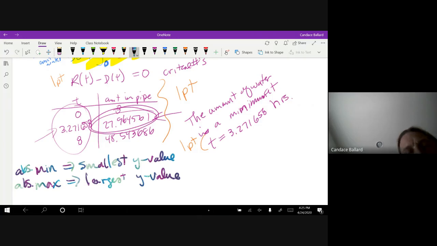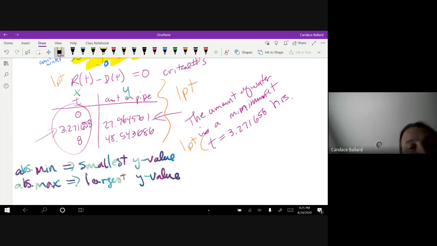Okay, so what we calculated here, these were the x values, these were the y values. So this number and this number were the endpoints. This is a critical number we got by setting our function equal to 0, which we calculated through the graph. This was an 8, right? So that number is bigger than... what happened? I see what the problem was now. It's because I wrote the wrong number right here.